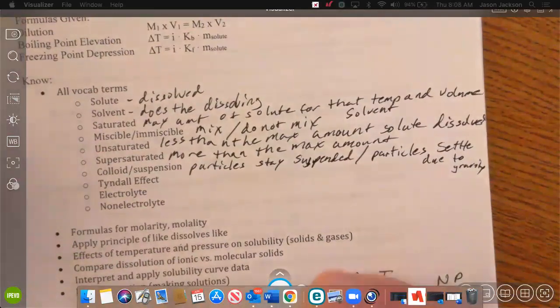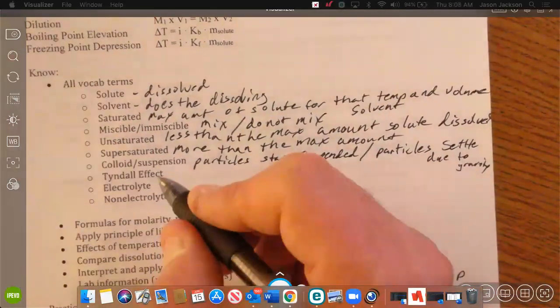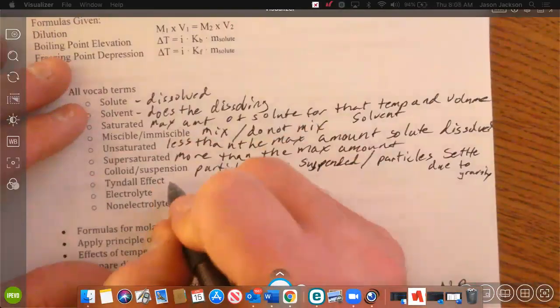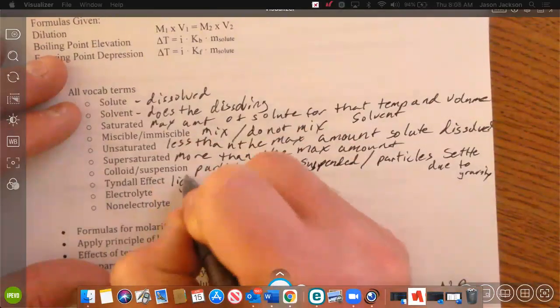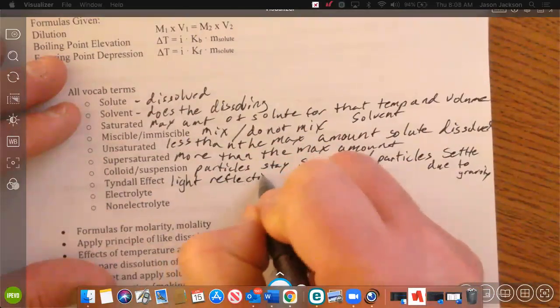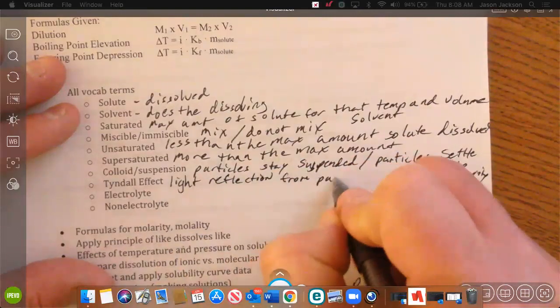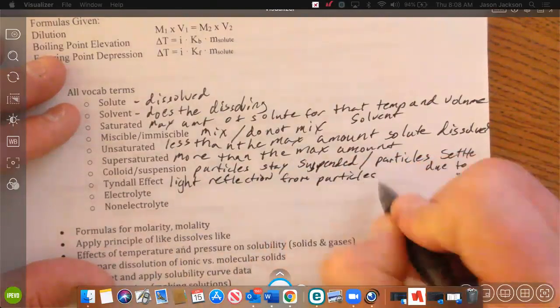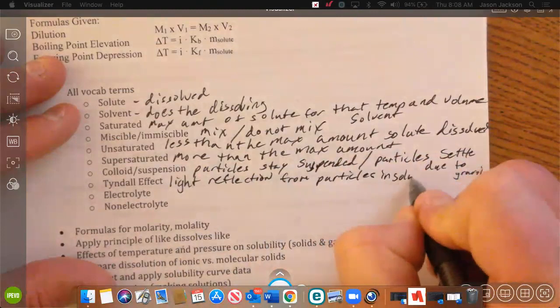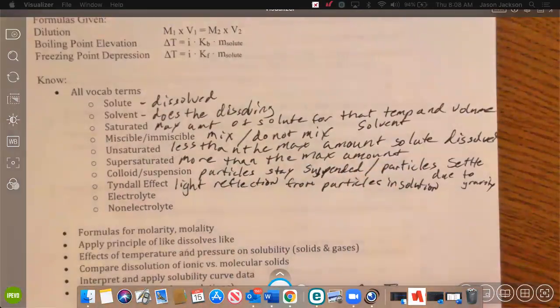Tyndall effect. Tyndall effect is the reflection of light off particles in a solution. We said yesterday, as the sunlight comes into the windows, you may see dust particles in the air reflecting light.